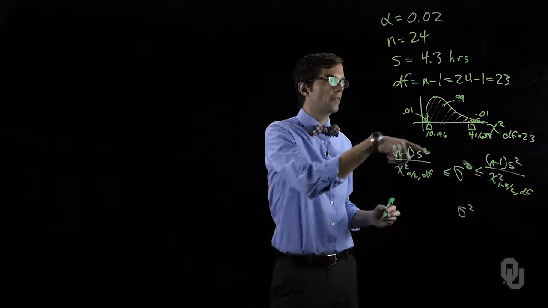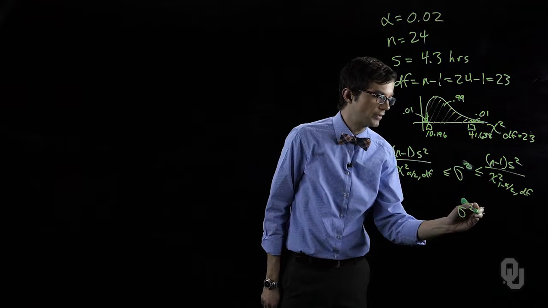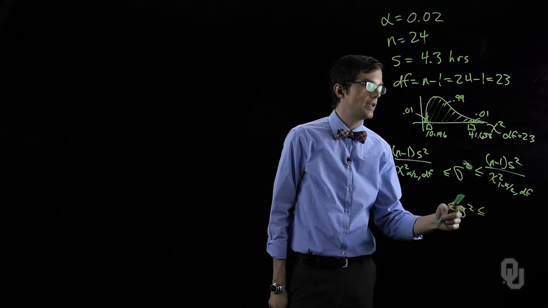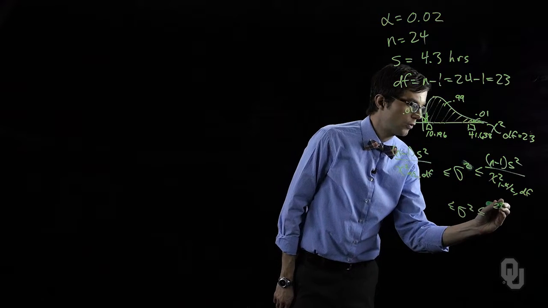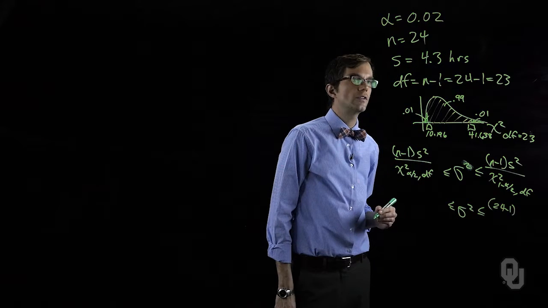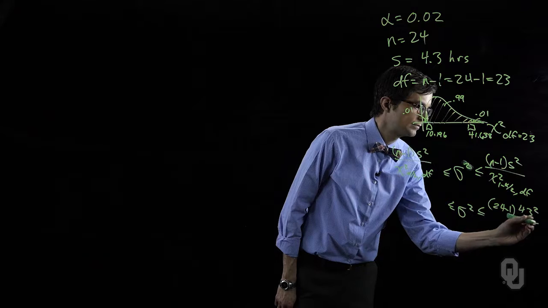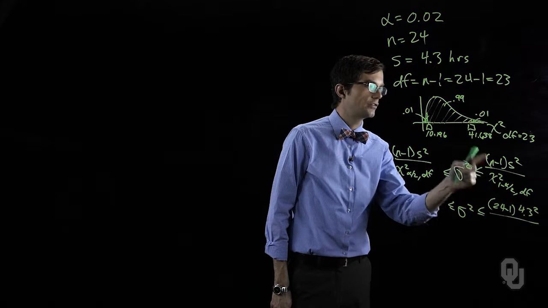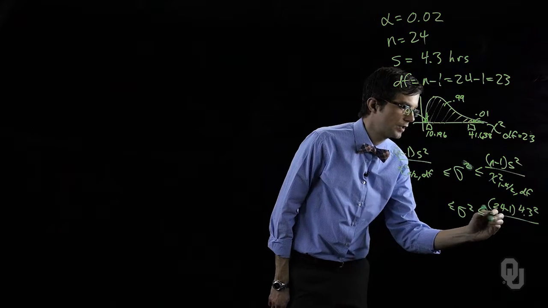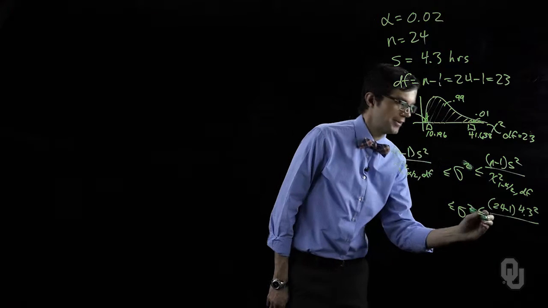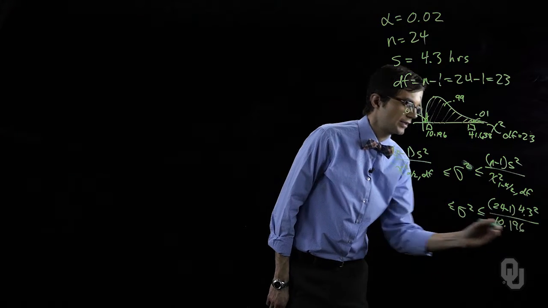We now have everything that we need to find this confidence interval. That would be n minus 1, 24 minus 1, times s squared, 4.3 squared, divided by the chi-square in the lower tail, 10.196.